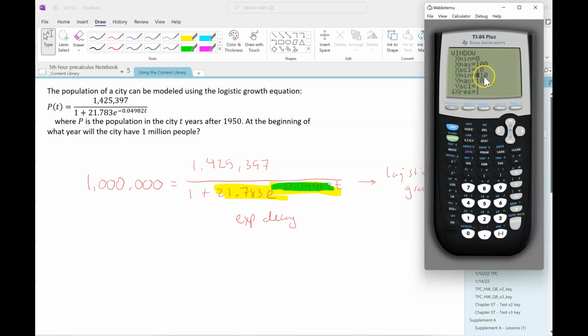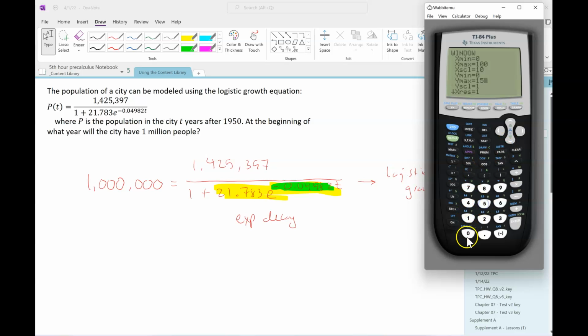The Y minimum should be 0 because I know that this is a logistic function, so one horizontal asymptote is at y equals 0. The Y max should be the other horizontal asymptote, which is at 1,425,397, the value for C. Now, I'm not going to type all those numbers.